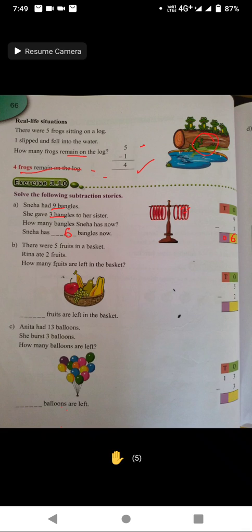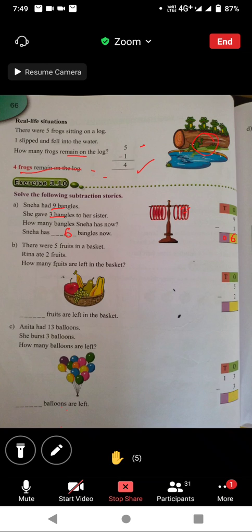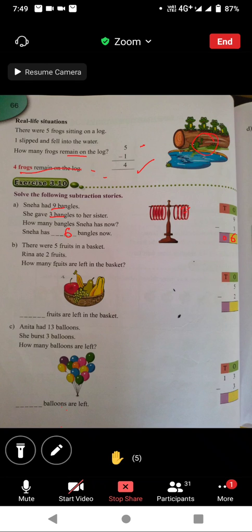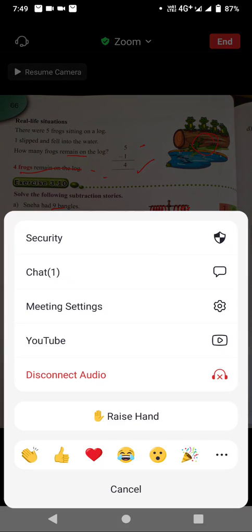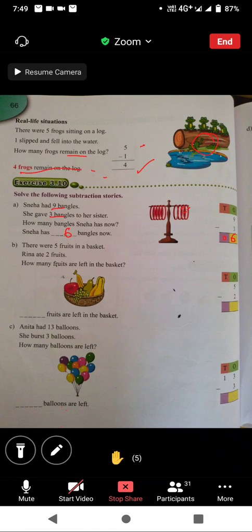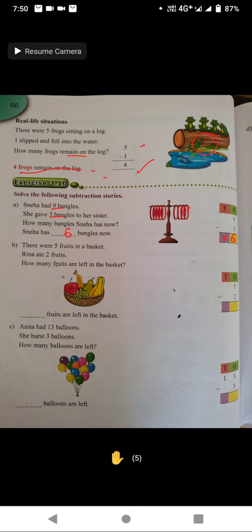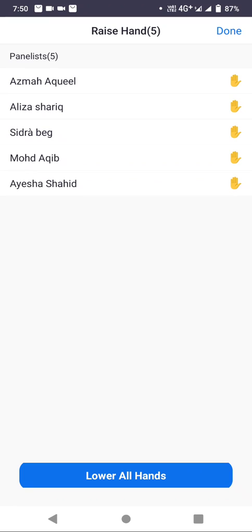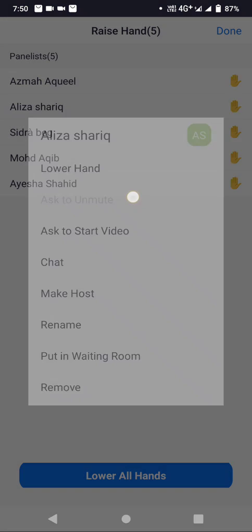Page number 66. What were you doing earlier, beta? I told in the beginning that we have to open page number 66. Yes, Aliza Sharik.